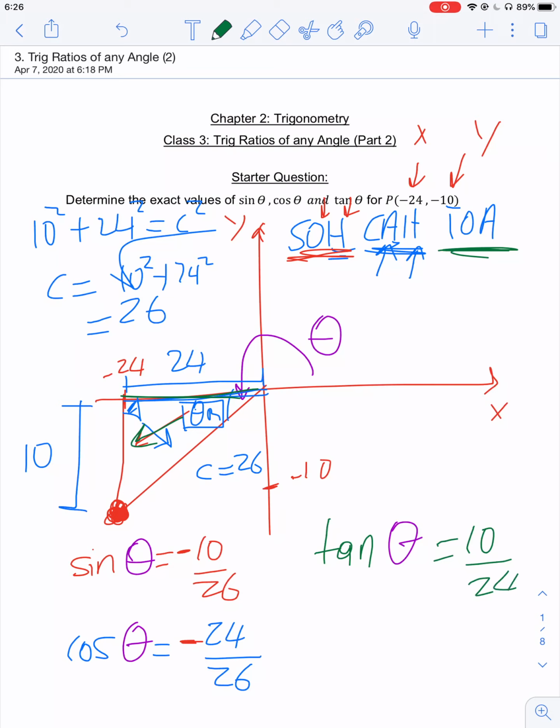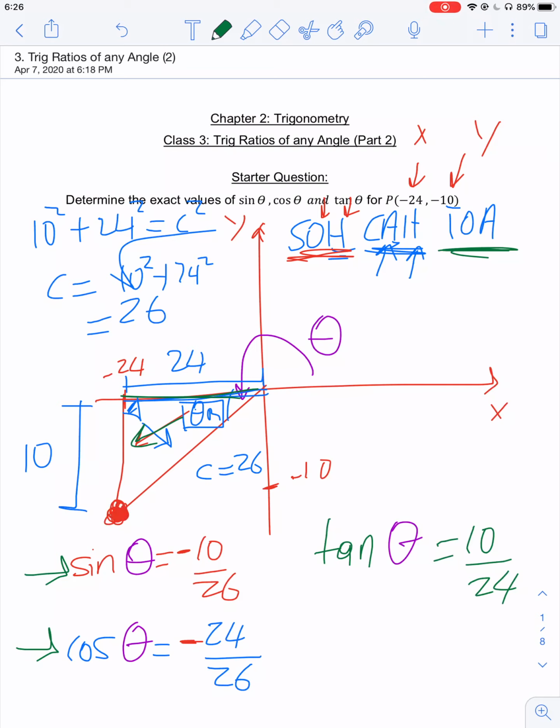Now, because my sine is negative, my cos is negative, and tan is sine over cos, the negatives will cancel out and this will be positive. Another way of thinking about this is because your point is in the third quadrant, it has to be positive. Because tan is positive in the third quadrant and in the first quadrant, from yesterday's notes.